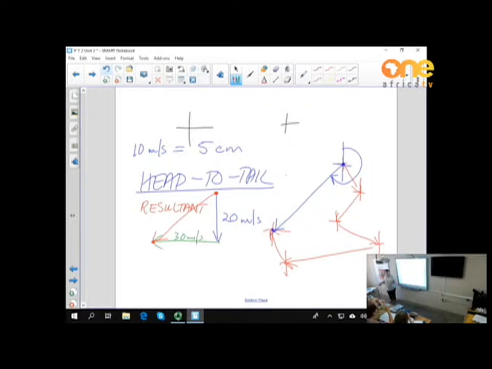Are you with me? So you can go and measure the length of this line with your ruler, and you convert it with a scale. Okay? The direction, you will need your protractor. You will put your protractor down and you will measure the direction. And you can either state it as a bearing, or you can simply say, in this case, it's going to be so many degrees south of west. Are you all with me?